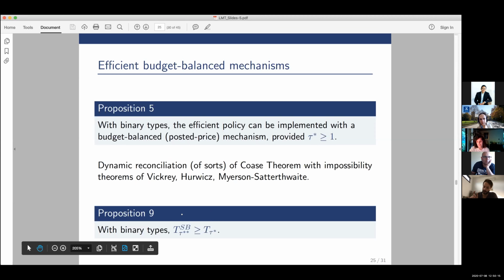for the reason that as soon as you store a trade, by proposition 5, you're going to be able to implement the efficient allocation without running a deficit. So that's one reason. So you have a larger increase between, say, S tau and S naught SB.